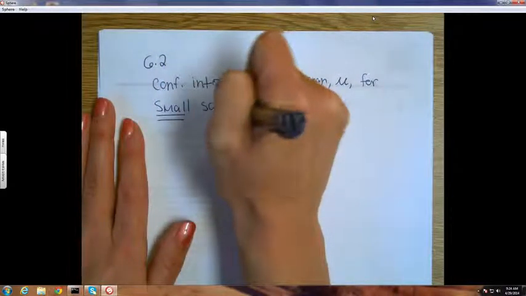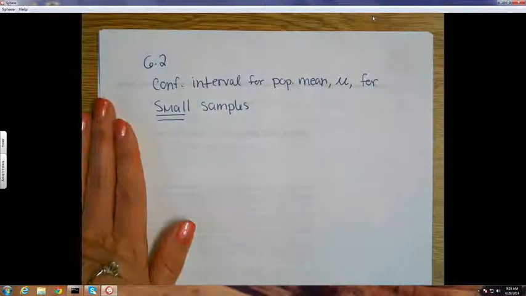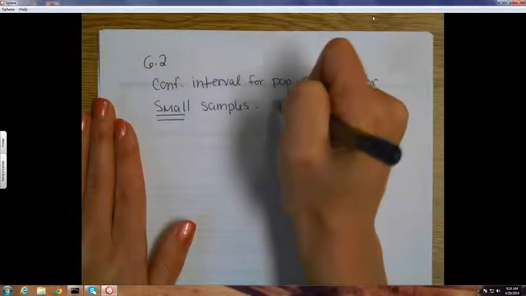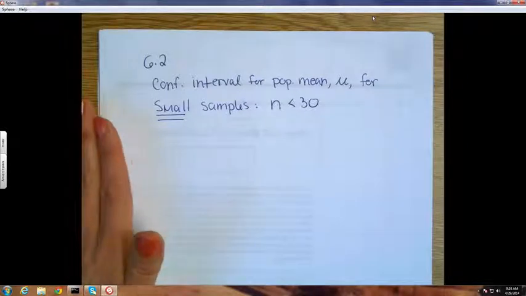What do you think is going to constitute a small sample? Below 30. So if n is less than 30, we're going to be following the process in this section.